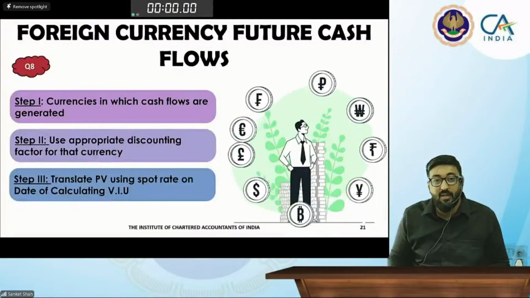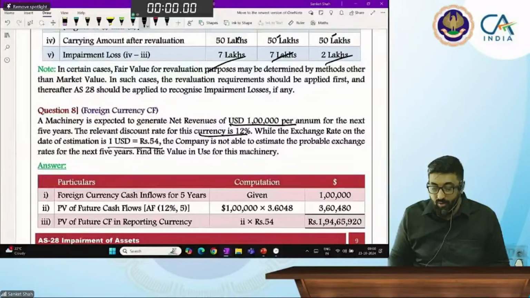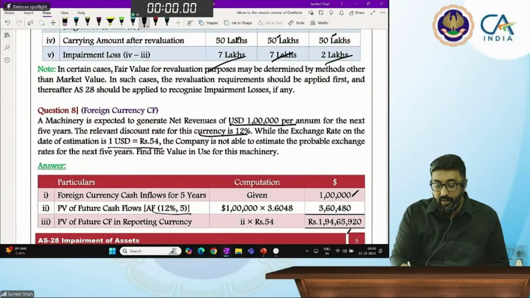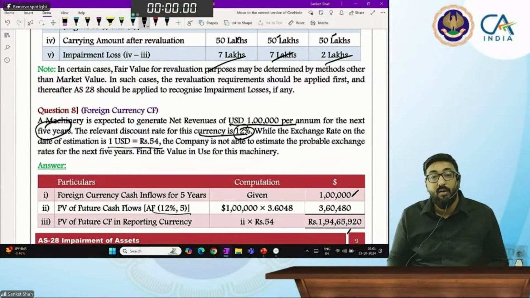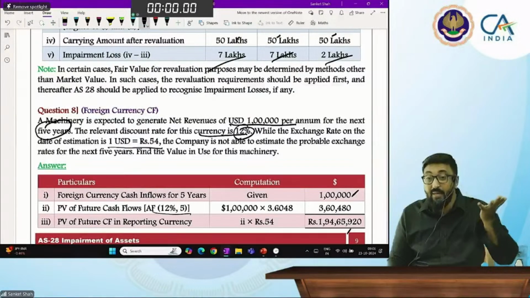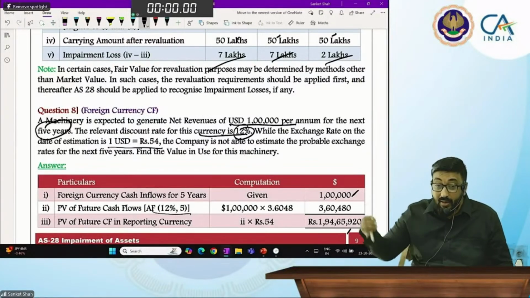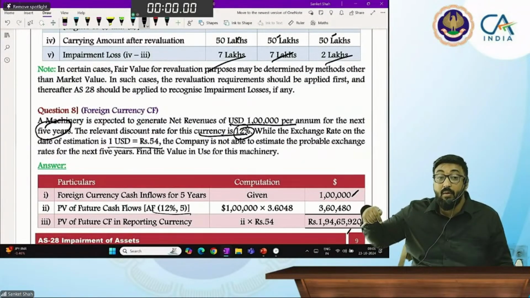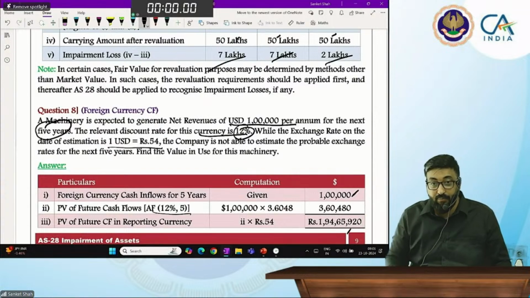Currencies in which cash flows are generated. So we want in rupees. Okay. So first I will take $1 lakh. I want in rupees. $1 lakh I'm getting at the rate of 12% for next 5 years. So I will estimate my cash flows $1 lakh, but current exchange rate.